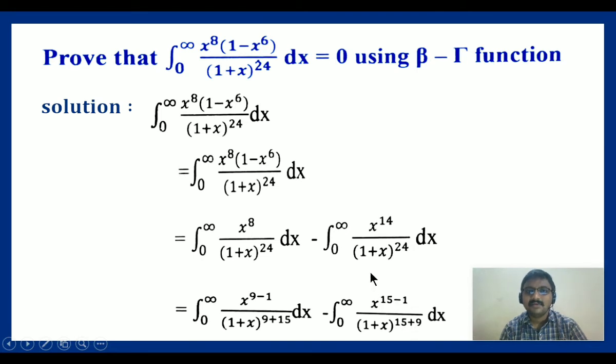Now we have the formula for the beta function: beta of m, n is integral of 0 to infinity x power m minus 1 by 1 plus x whole power m plus n dx. Using this formula, the first integral value is beta of 9 comma 15 and the second integral value is beta of 15 comma 9.